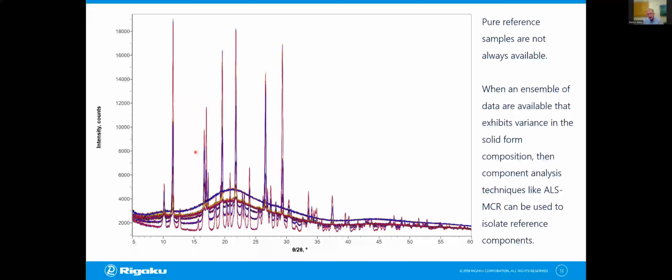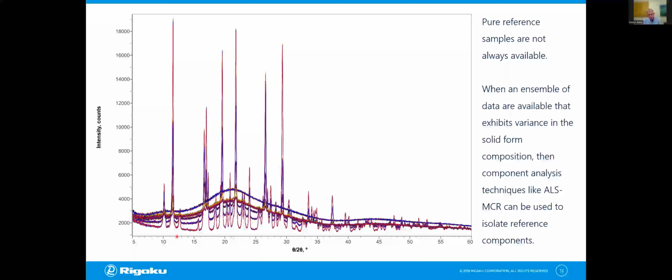And then we can apply a component tool like MCR, multi-curve resolution. The one I prefer is ALS MCR, so alternating least squares multi-curve resolution. And that allows you to extract out the individual components, the basis components that make up the variability between all of the data sets themselves.